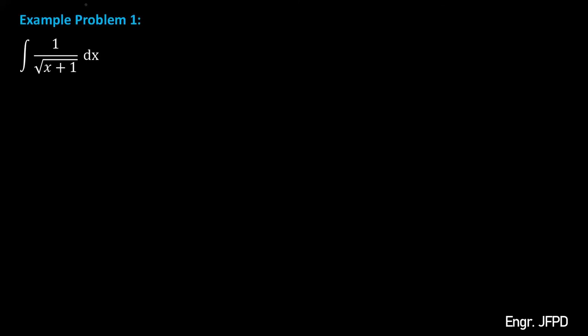For our first problem, the integral of 1 over the square root of x plus 1 dx. Take note that the square root is the same as a fractional exponent of raised to 1/2.